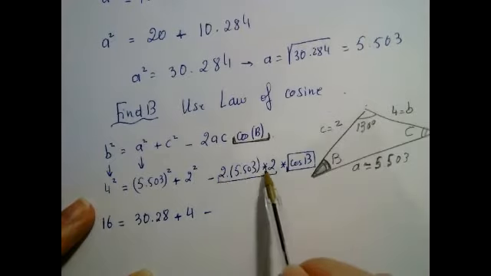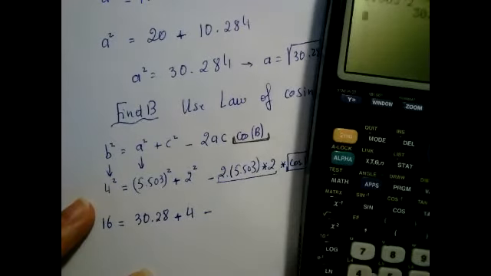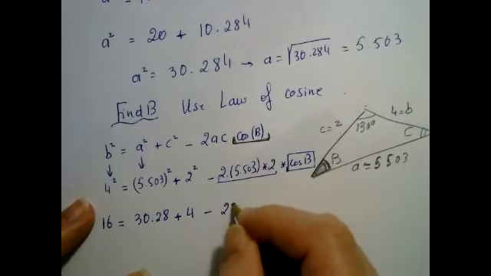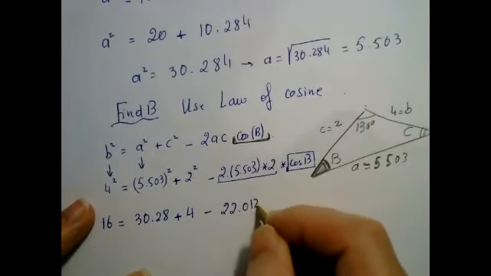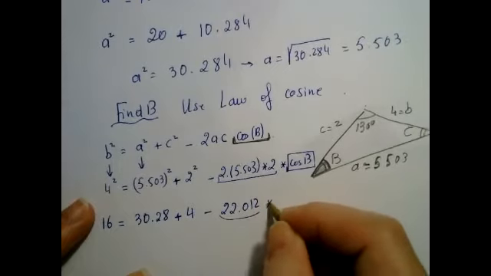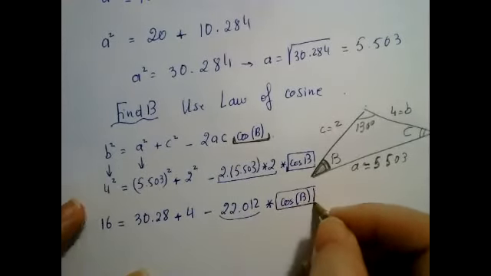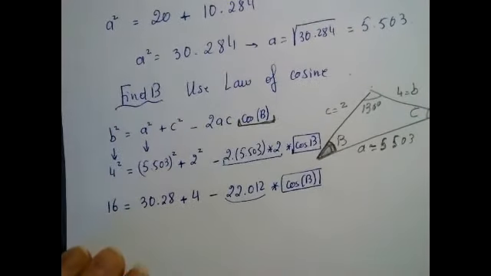I will have 2 times 2. It's a 4. I'm going to multiply this by 5.503. And then this expression here is 22.012 multiplied by the cosine of B. That's the term I need to isolate all along.